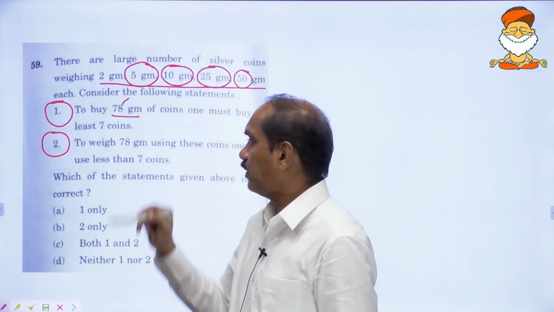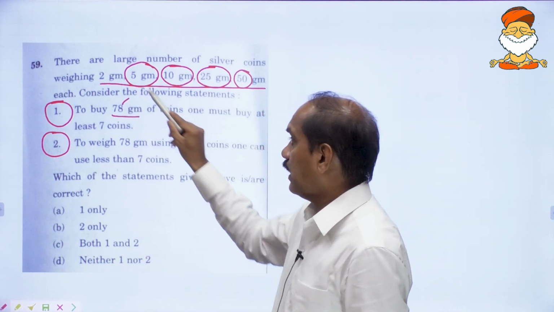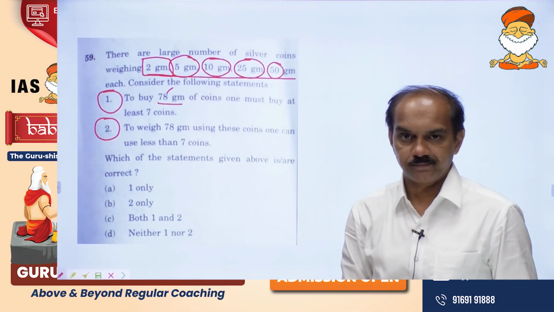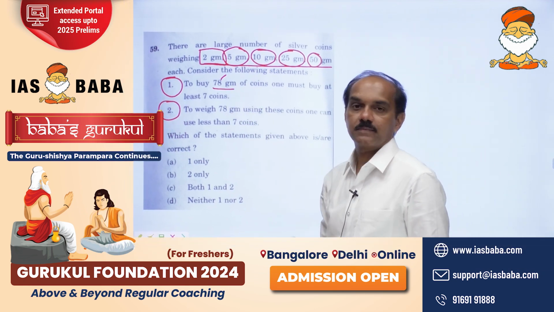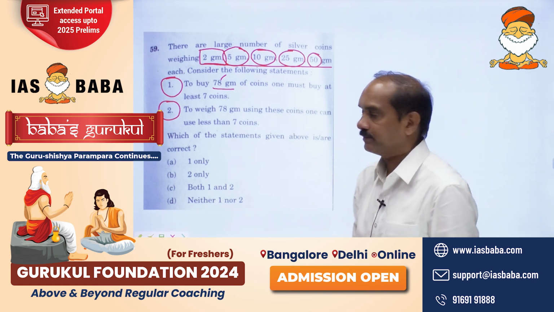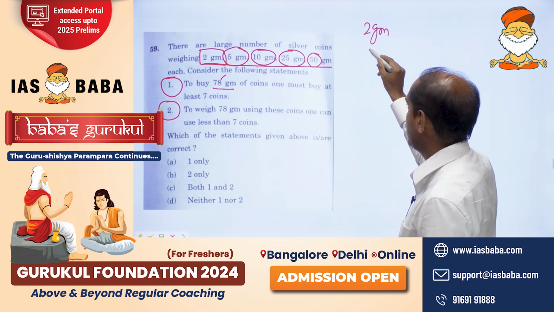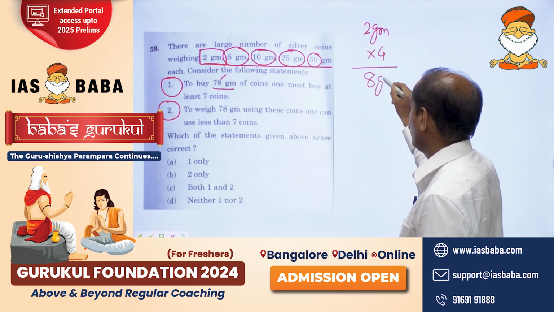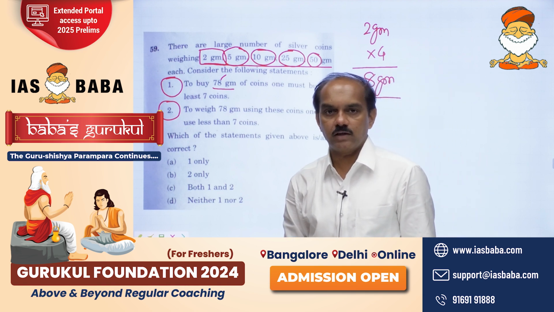But here we want 78, meaning we are forced to use 2 gram coins. How many? Exactly 4. Why? Because 2 4s are 8. 2 gram coins, let me use 4 so that I can go for 8 grams. Remaining 70 you can manage with the rest.